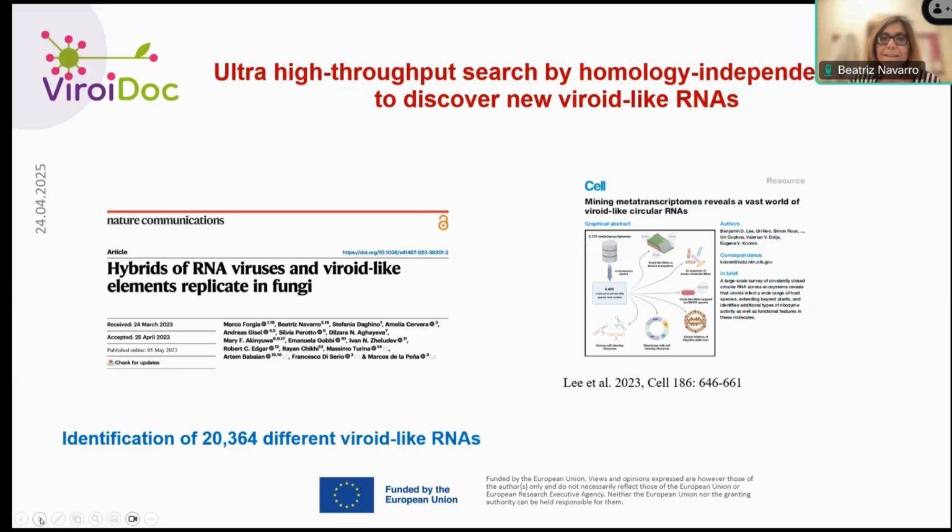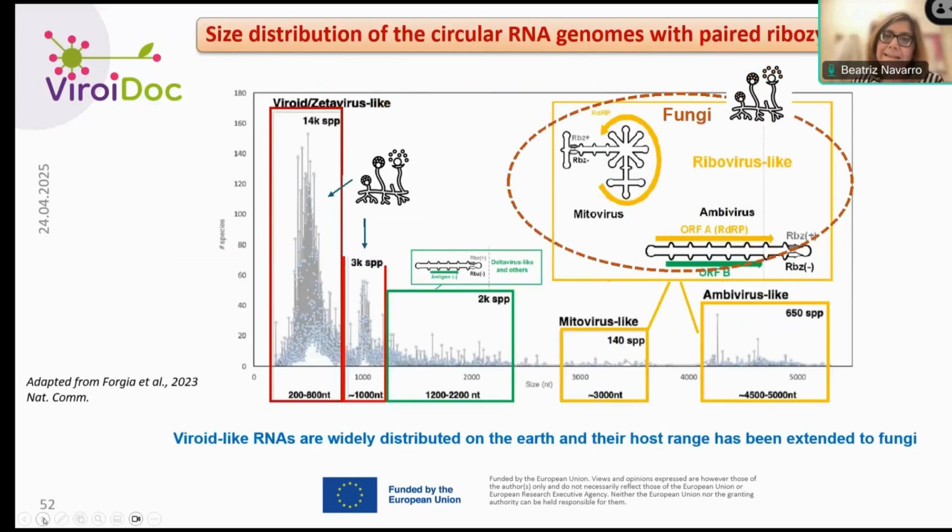This result showed that the biodiversity and the number of viroids and viroid-like RNAs was highly underestimated. This slide summarizes what we found: the size distribution of the circular RNA genomes with paired ribozymes, with ribozymes in both polarity strands, that we found.